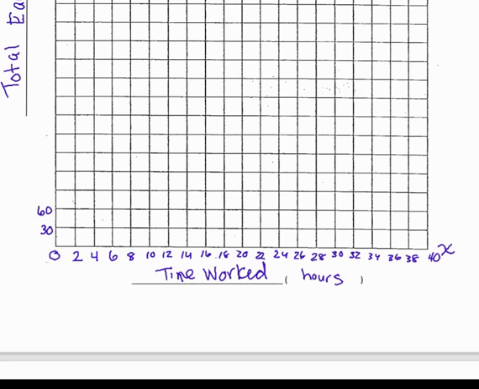If you ever need a calculator to determine the numbers, you can absolutely use one. Just keep adding 30.